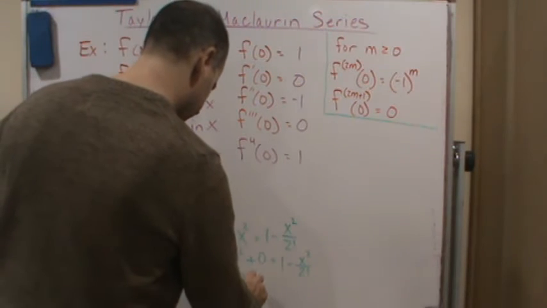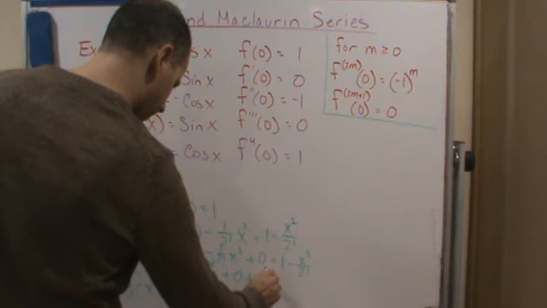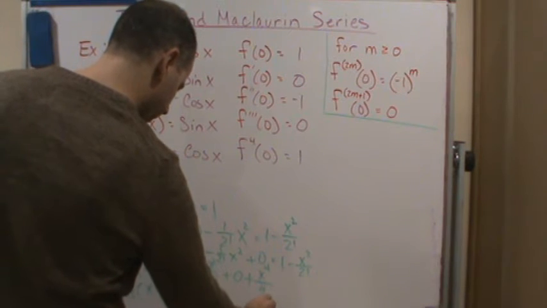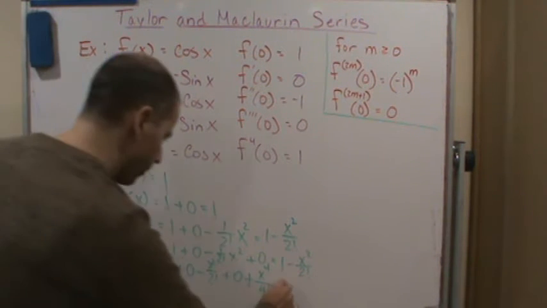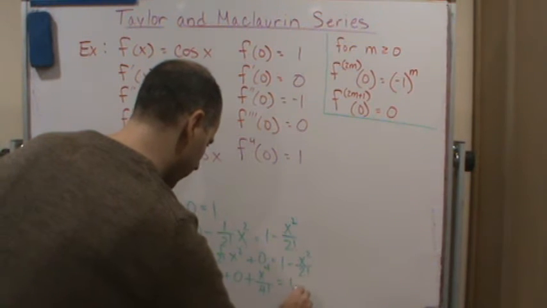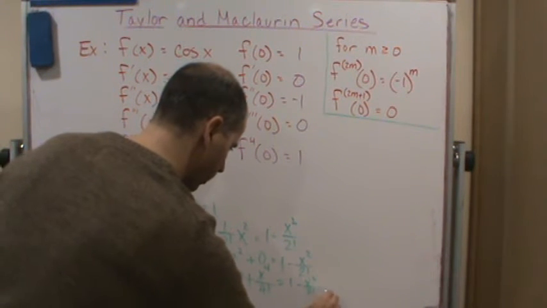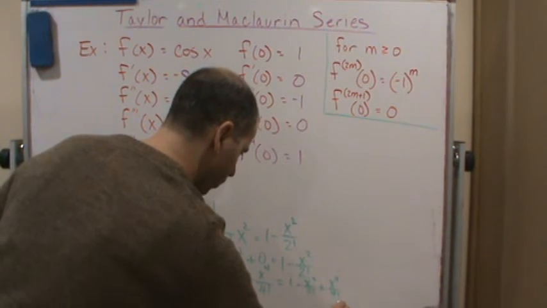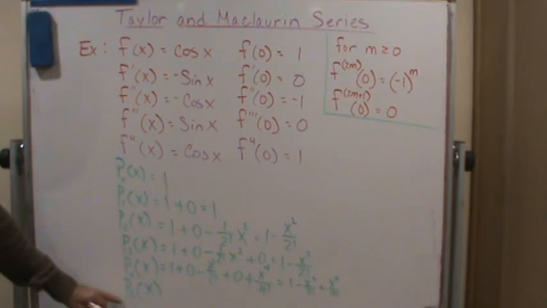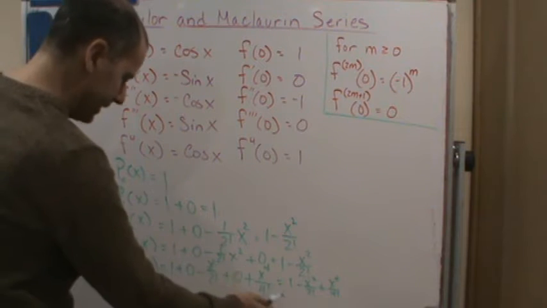And then we're going to end up with x to the fourth over 4 factorial. Okay. And so this is going to give us 1 minus x squared over 2 factorial plus x to the fourth over 4 factorial. Now, if I was going to guess, the next one is going to be the same, because I'm just going to add 0.